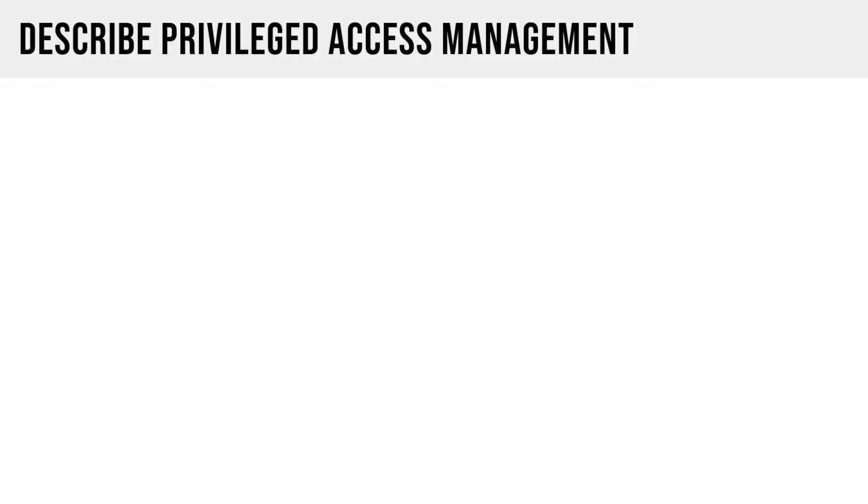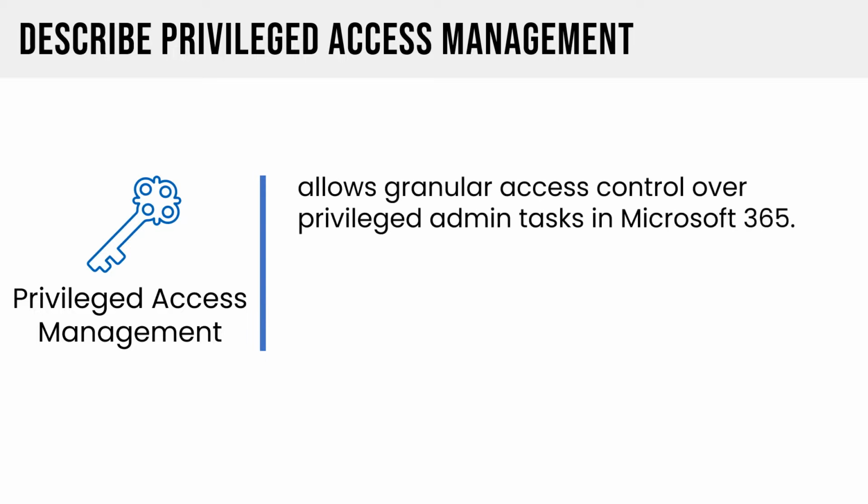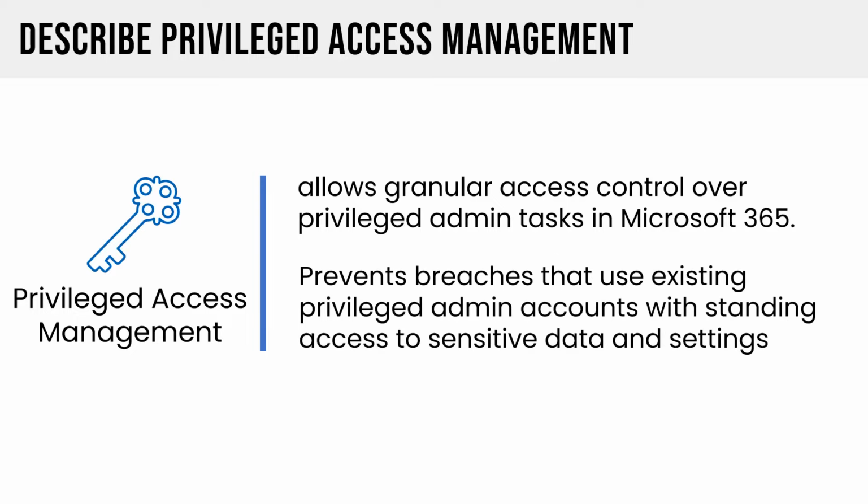Privileged access management. It's important you understand the basics of privileged access management and privileged identity management. So PAM and PIM. Let's start with privileged access management. This allows granular access control over privileged admin tasks in Microsoft 365.